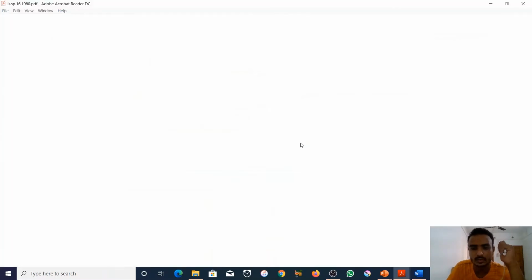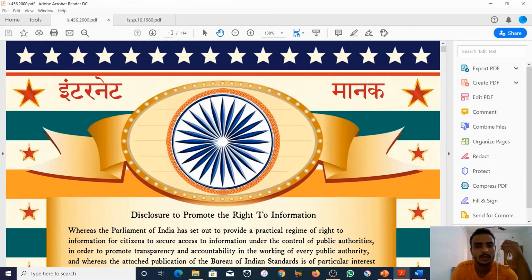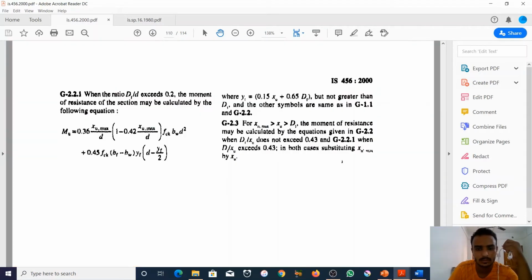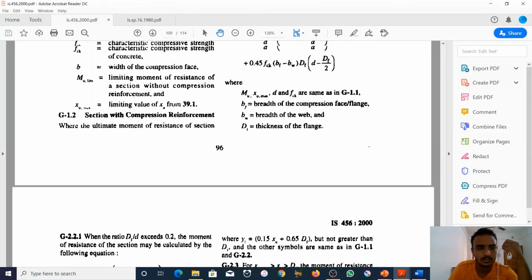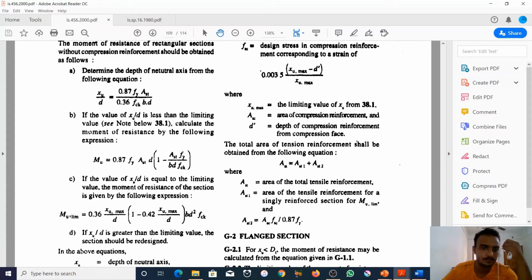Let's check the IS code here. Page number 96. There is the equation.